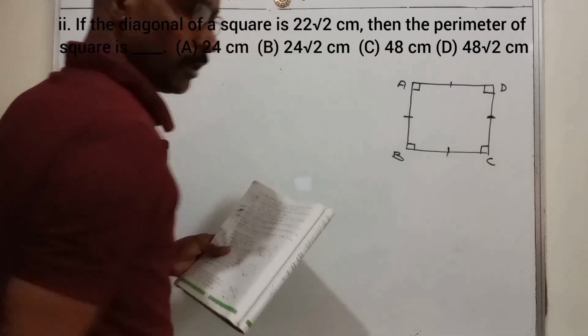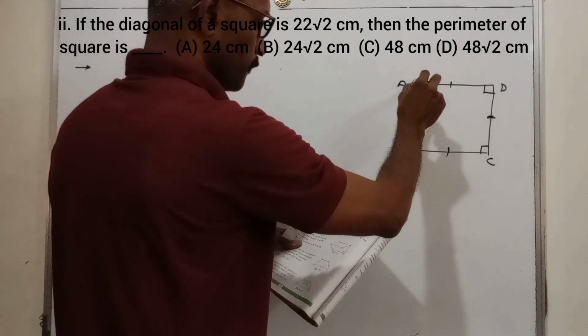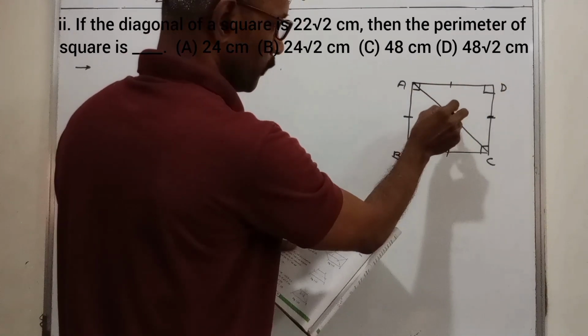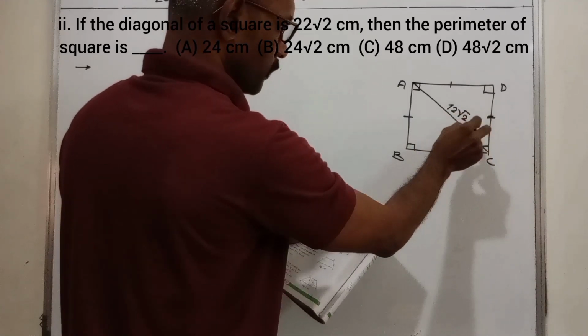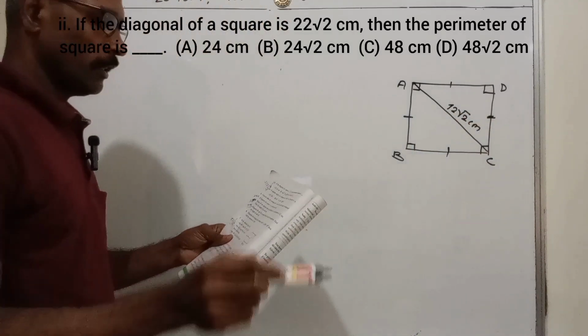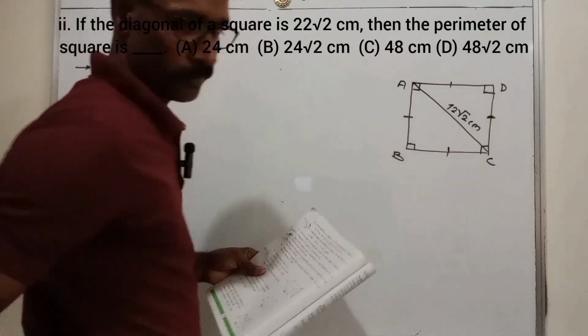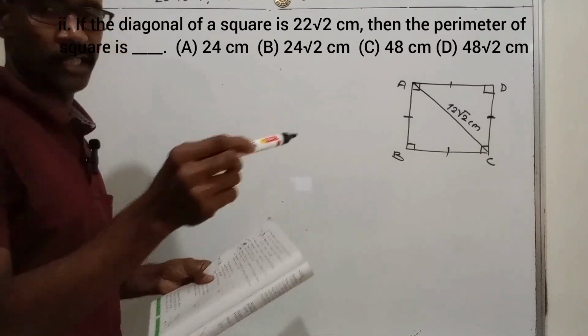If the diagonal of a square, diagonals are also congruent, is 12 root 2 centimeter, then find the perimeter of this square. Okay, then the perimeter of the square is dot dot.